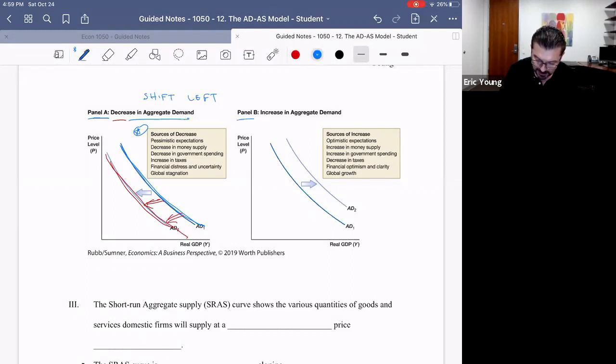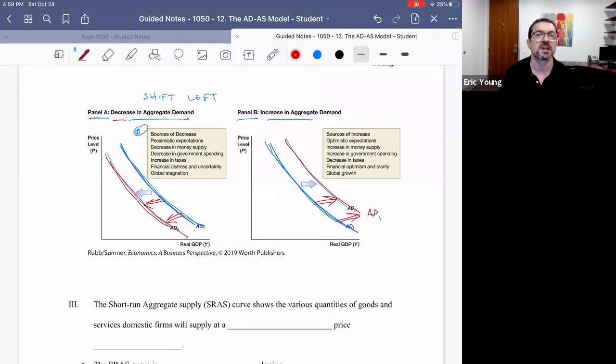Over here in panel B, we see the same thing, just the opposite way. We see an increase in AD. We start right here, again in blue, with our original AD curve. Something happens, we identify what it is, and if it's an increase in AD, it shifts us to the right to a brand new AD curve, which he calls AD2, I would call AD1, but you get the idea. We have the original curve and a new curve.